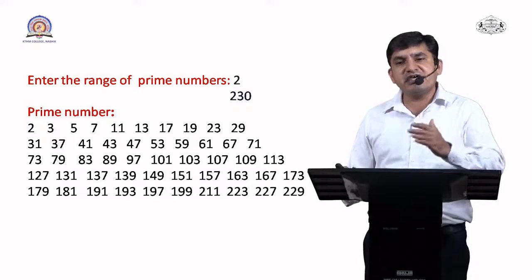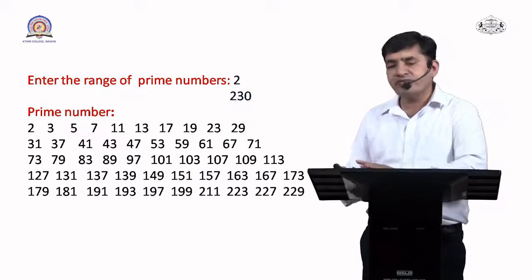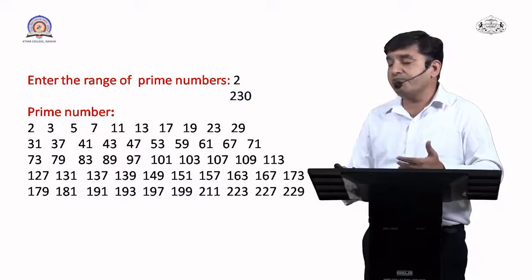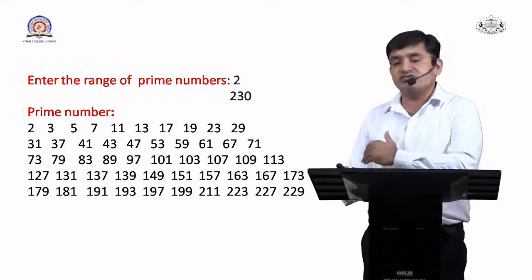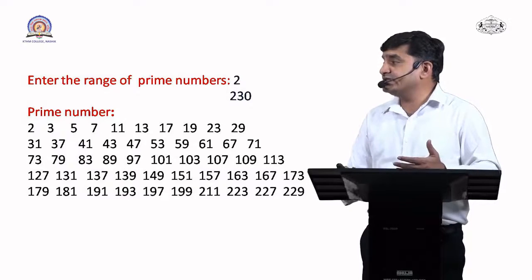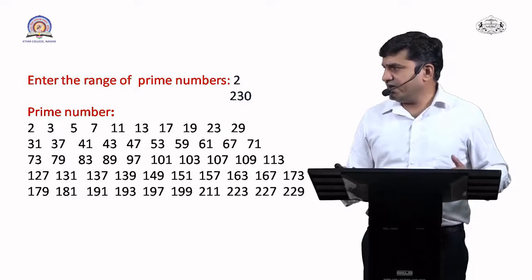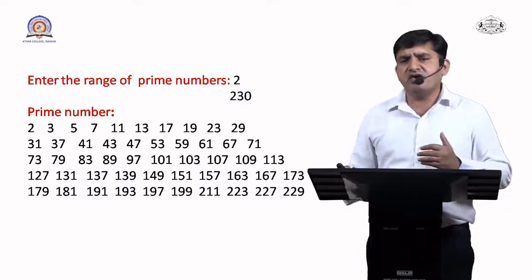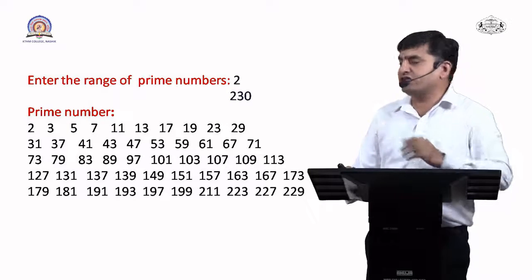Now the second for loop. For that, first is again initialization, d is equal to 2, d is incremented by 1, up to d less than or equal to n minus 1. When this condition is satisfied, that is d is less than or equal to n minus 1, then the body of the for loop is executed.